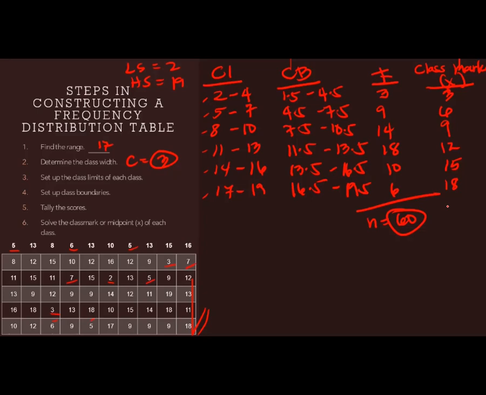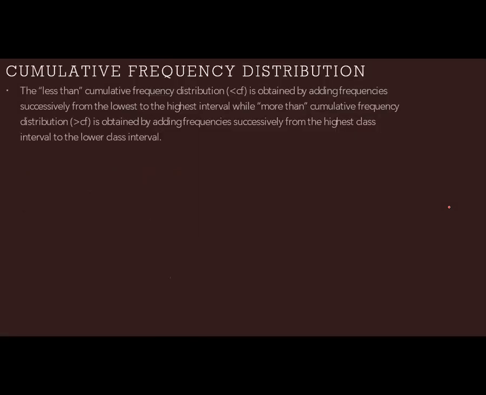Again, in getting the class mark, we are going to add the upper and lower class limits and then divide by 2. Next is computation regarding the cumulative frequency distribution.